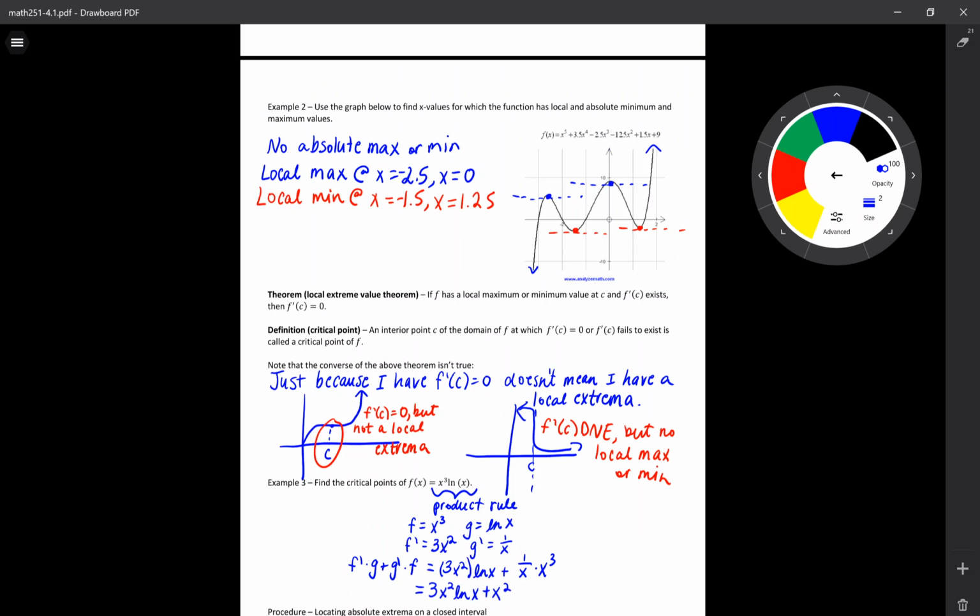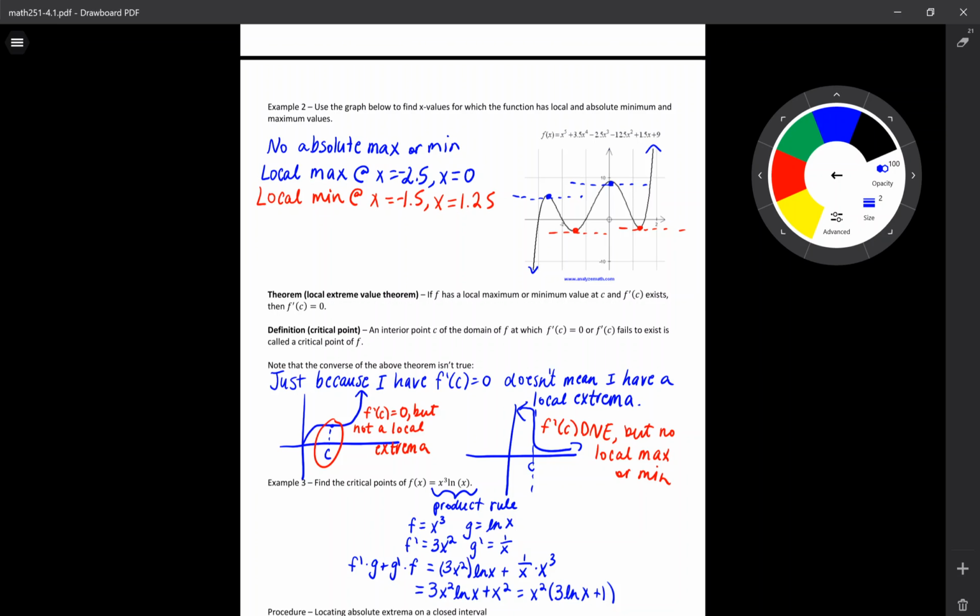And then from this, I can factor out an x squared. Since I want to set this equal to 0, I do want to simplify it as much as possible and factor it as much as I can. That will make solving for 0 easier. So when I factor out an x squared, I'm left with 3 natural log of x plus 1. So is there anywhere that this derivative does not exist?